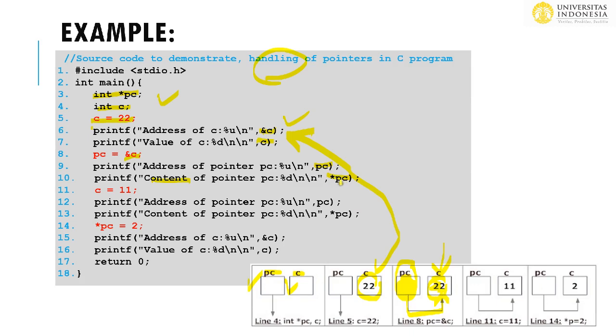So the content of asterisk PC, I mean, is 22. Okay, this is quite complicated, right? Once you learn that you want to manipulate the addresses, and you relate the address with the location of a variable or data, then you can become very familiar with it.